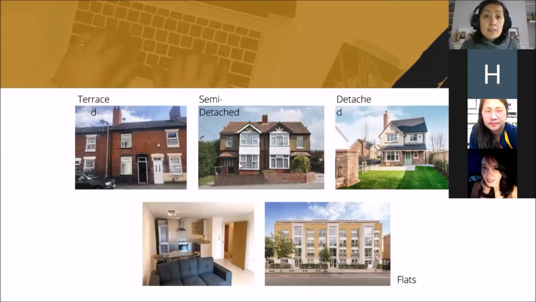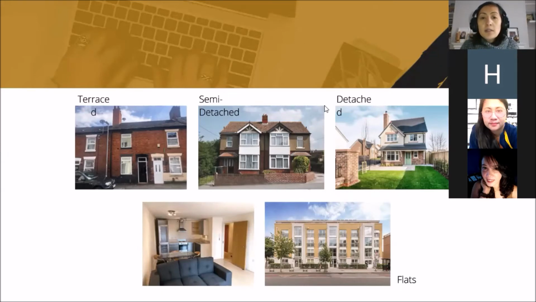Now, semi-detached versus a detached, for example, means that unlike a terrace property where there's no space between either of the walls unless you're an end terrace, a semi-detached property means you share one wall with another house. Okay, like a detached property, you don't share any walls in your property with another house next door.